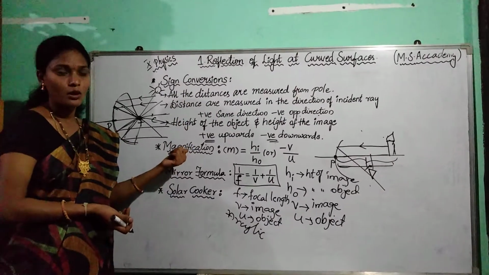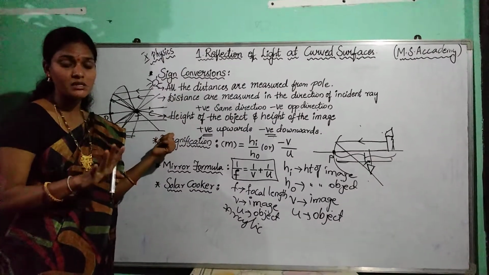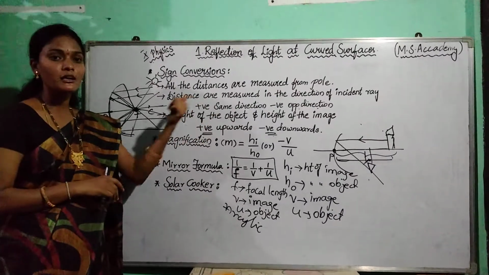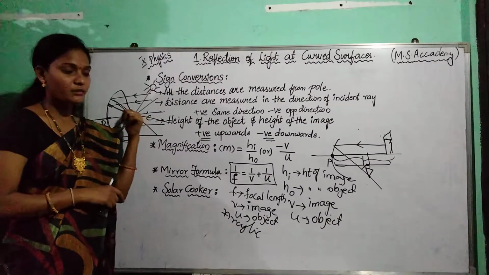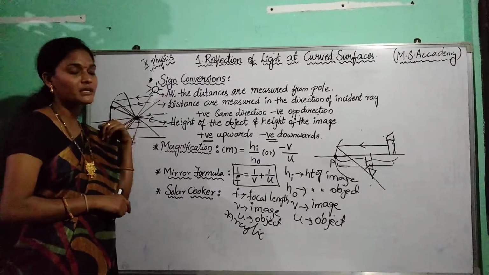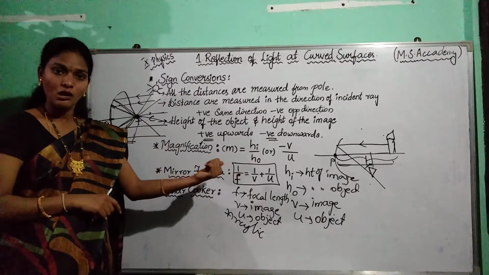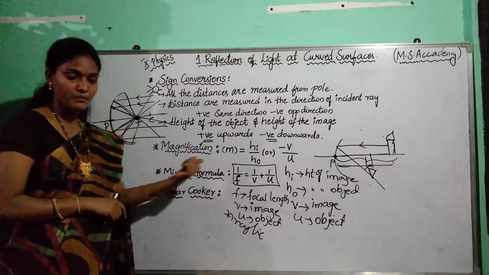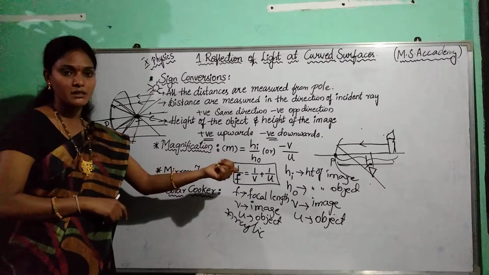Or rules, 4 rules we have discussed, no? A ray traveling parallel to the principal axis will pass through the focus. If a ray is coming from the focus, it will travel parallel to the principal axis. And if a ray is coming from the center of curvature, it retraces its path.